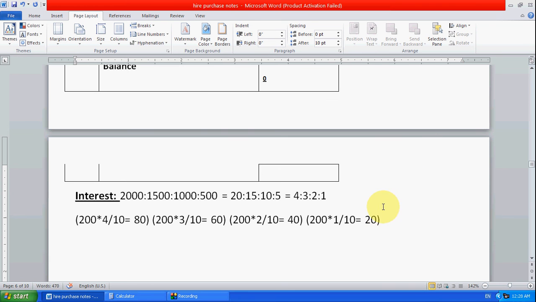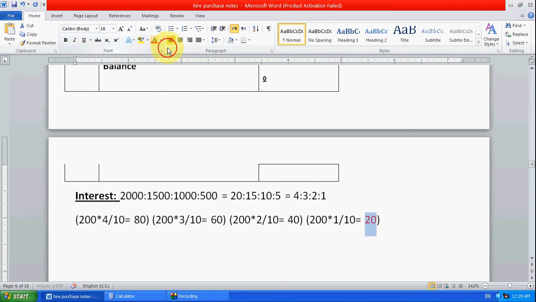So these are the interest amounts we have paid: 80, 60, 40 and 20.